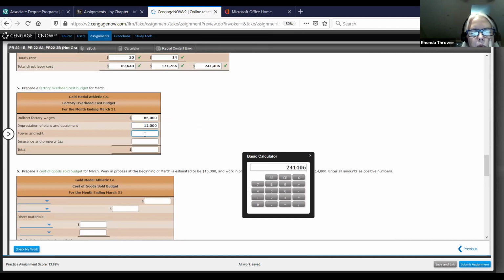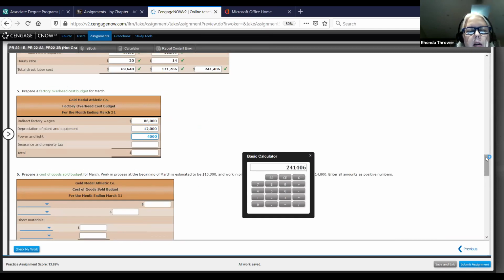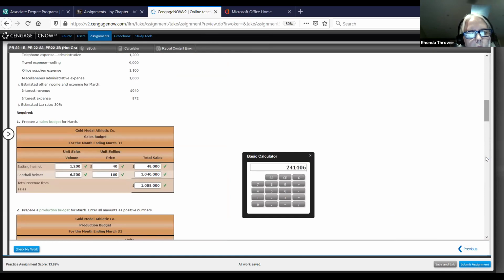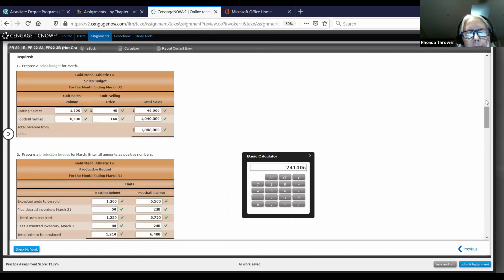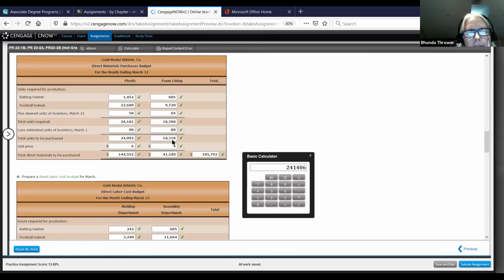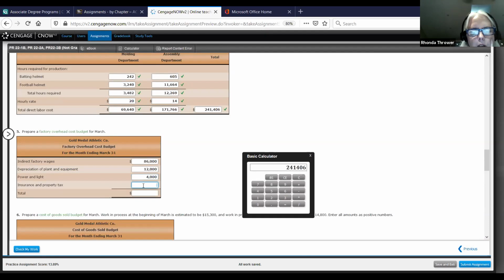The power and light was 4,000. And the insurance and property tax is 2,300. So this budget's kind of straightforward.